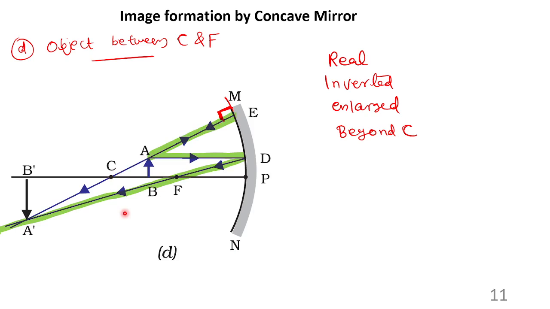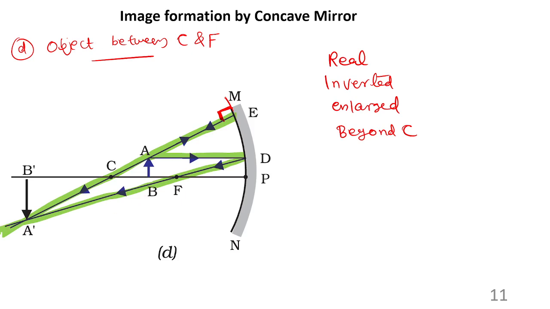Please consider it as a rule. The normal ray retraces the path and passes through C, going like this.